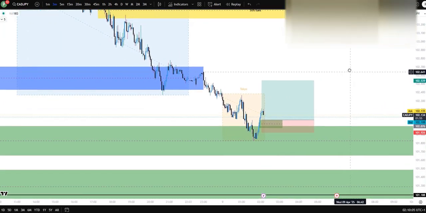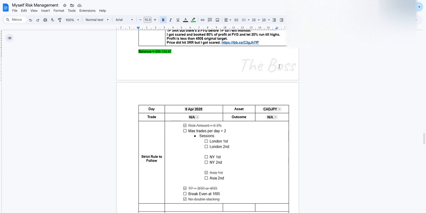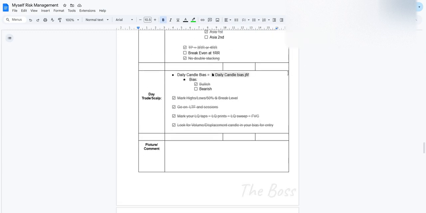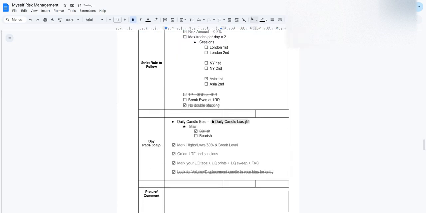Okay, so now I can go back and take a look at these ones now. All this has been marked. Trade. It's a long trade.